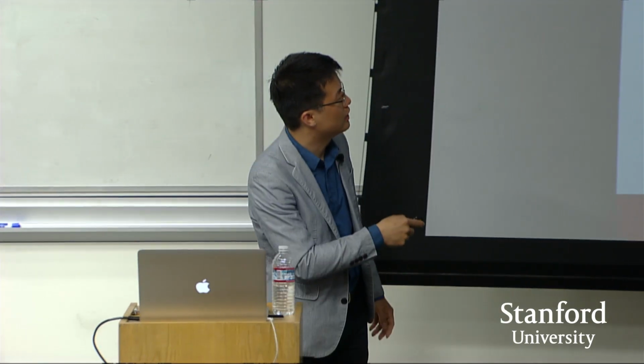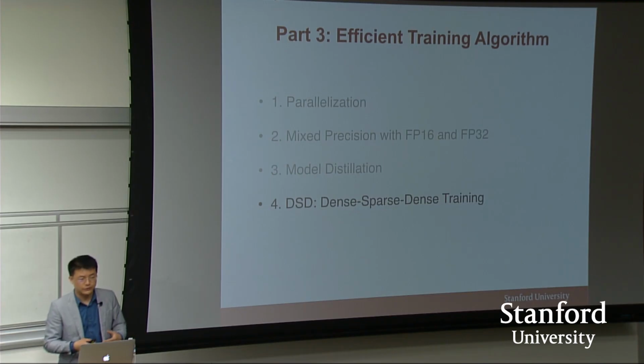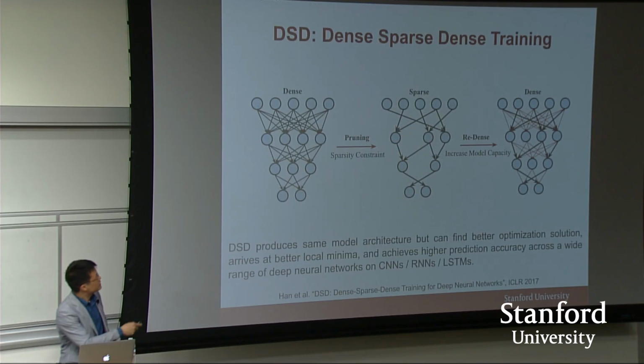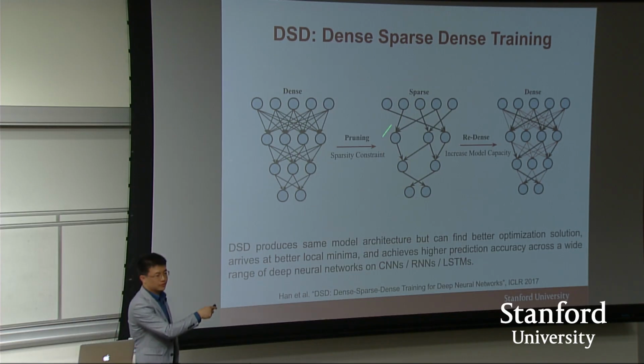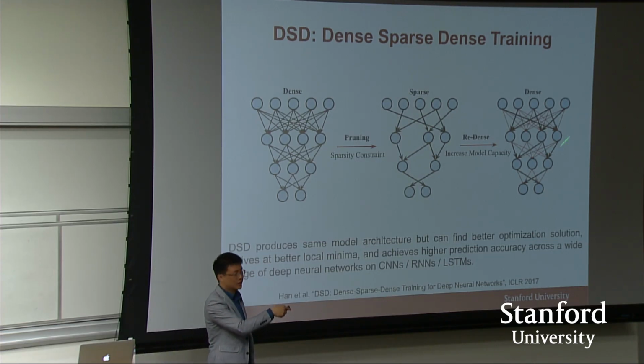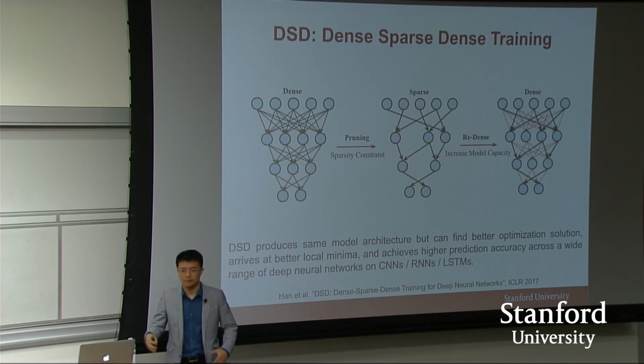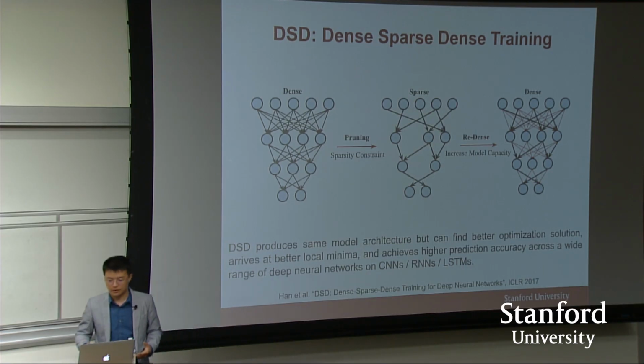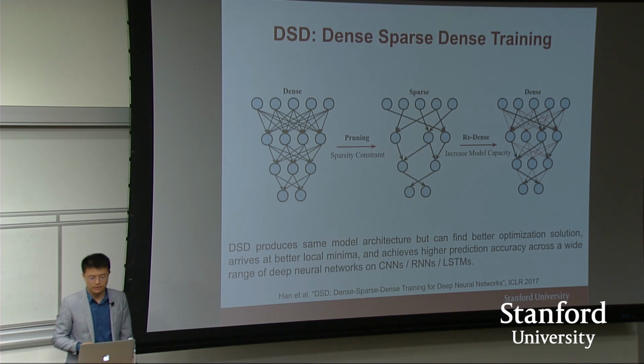And the last idea is my recent paper on using a better regularization to train deep neural nets. We have seen these two figures before. We pruned the neural network, having fewer weights but the same accuracy. Now, what I did is to recover and retrain those weights shown in red and make everything train together to increase the model capacity after it is trained in a low dimensional space.